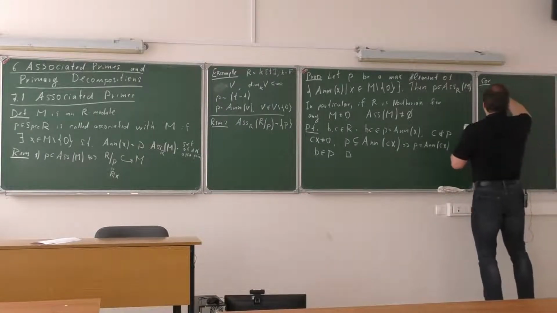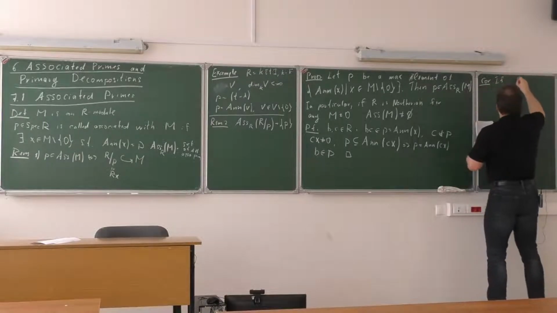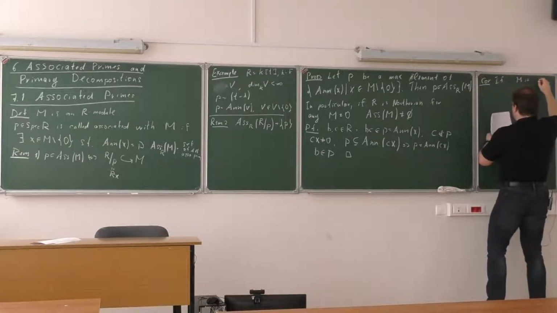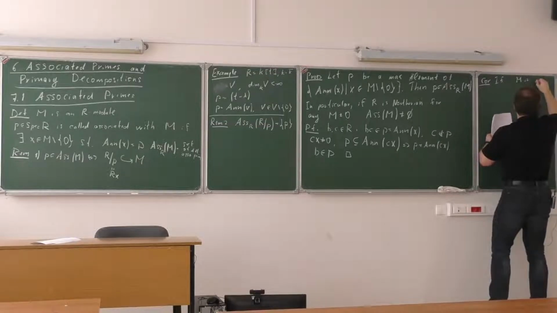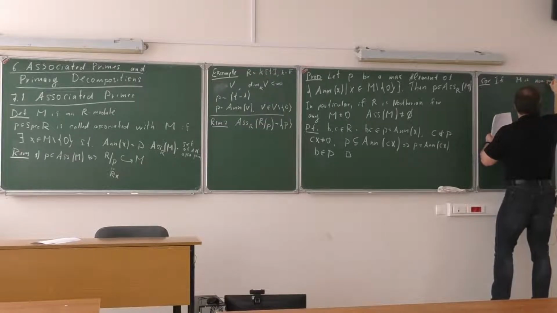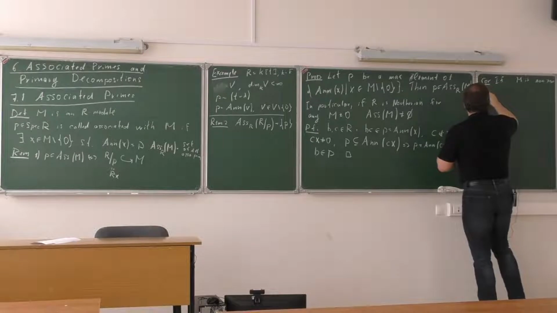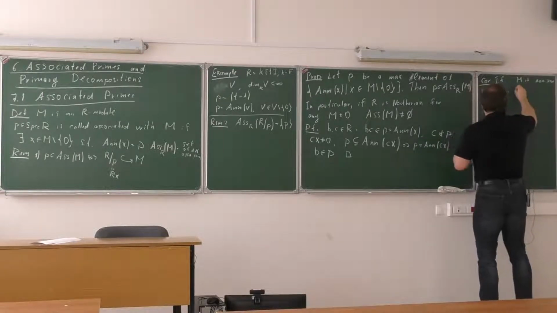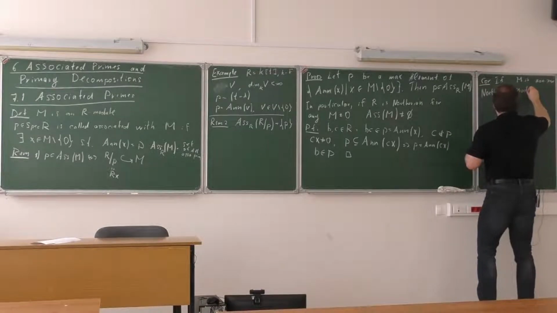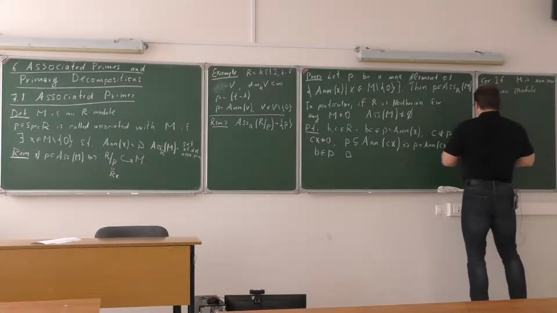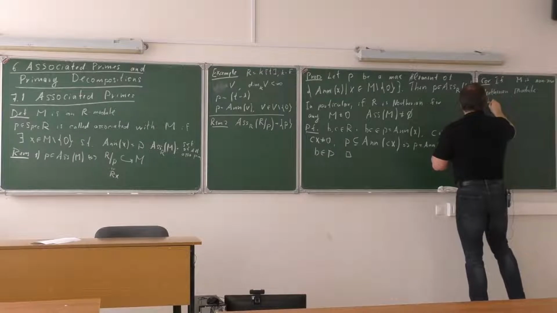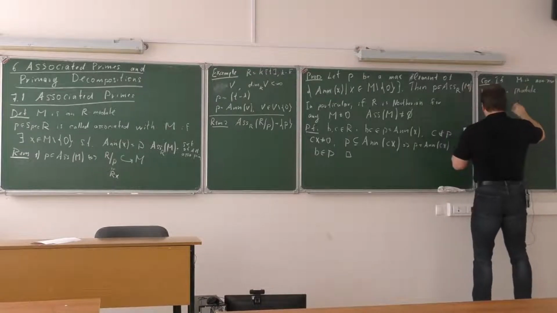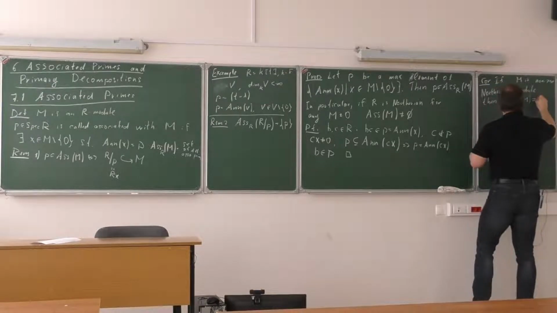So the following corollary tells us that if M is a non-zero Noetherian module, then the set of associated primes is again not empty.